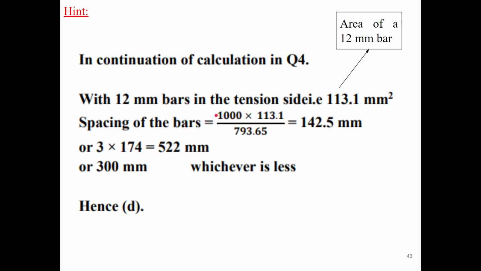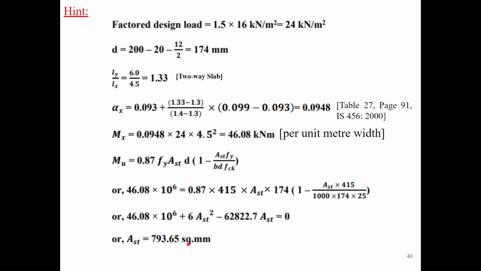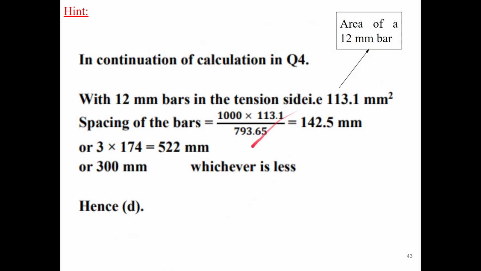Spacing will be 1000 divided by the number of bars. The area we found to be 793.65, so the number of bars required will be 793.65 divided by 113.1. So it will be 1000 by (793.65 divided by 113.1), which is equal to 1000 into 113.1 by 793.65. That comes to be 142.5 millimeter.